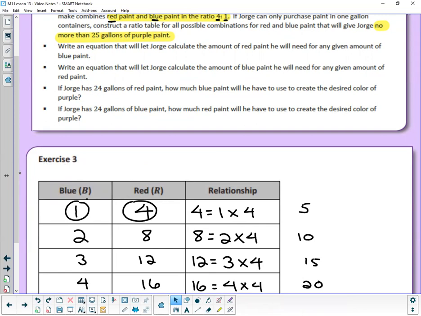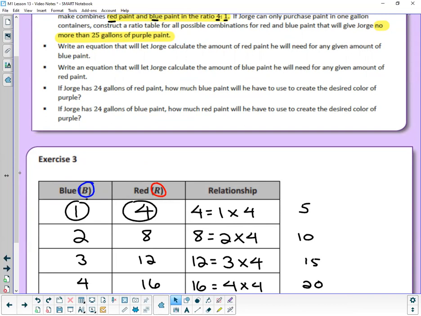Notice what they've done here. They've given you the fact that they want you to call blue B, and they want you to call red R. So, to calculate the amount of red paint, in other words, what are you going to do?